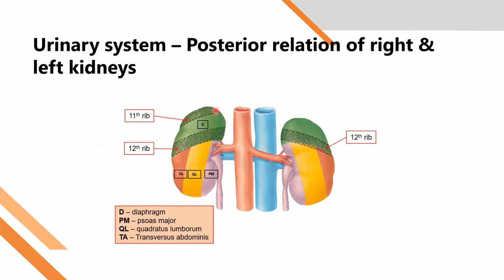As I mentioned in the previous slide, the right kidney is related to the 11th and 12th ribs, while the left kidney is related only to the 12th rib, because of the slightly lower location of the right kidney. There are also muscles located posterior to the kidney. D is diaphragm, PM is psoas major, and then there are quadratus lumborum and transversus abdominis. These are all muscles of the posterior abdomen.